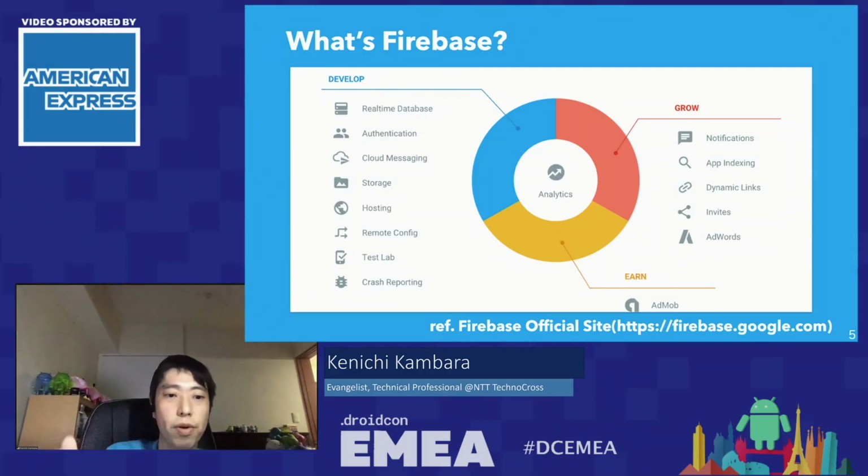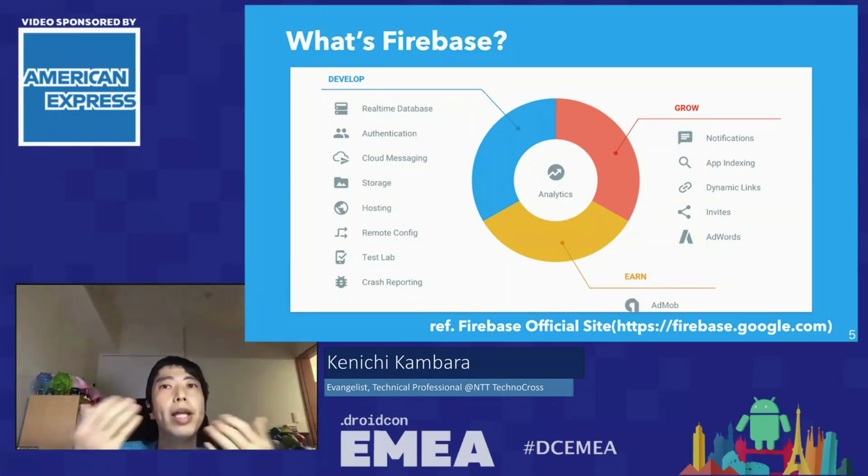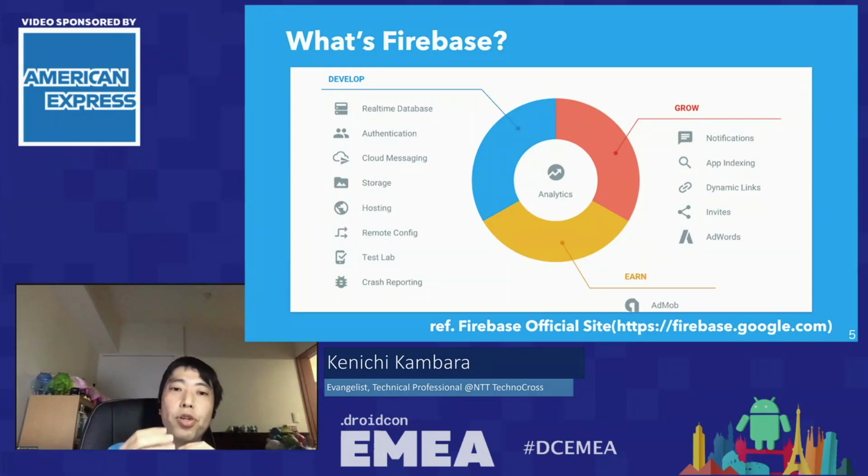Next, in the grow category, there are some useful features for growing our apps. For example, notifications for app users, inviting new users to our apps, and more. Finally, in the earn category, there are some features for making money, such as AdMob. This is the Firebase overview.